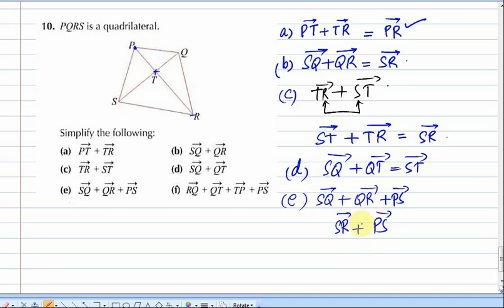You need to shuffle it a bit. So if I write PS plus SR, it won't affect the question because 2 plus 3 and 3 plus 2 both give the result of 5. But the good thing is now you can add the vectors, so it will be PR. Right? Now part F, you have 30 seconds.